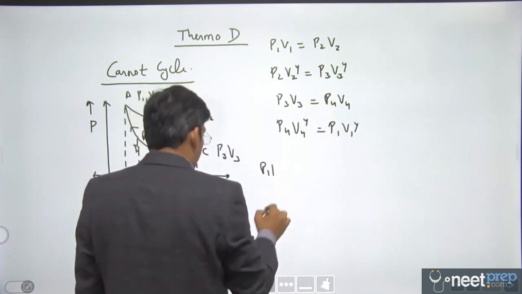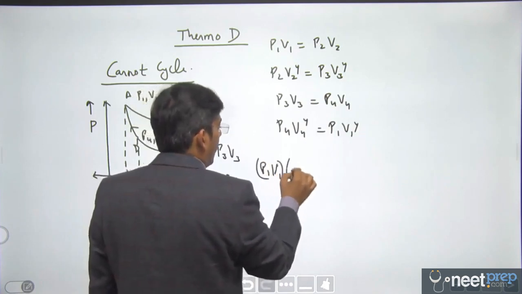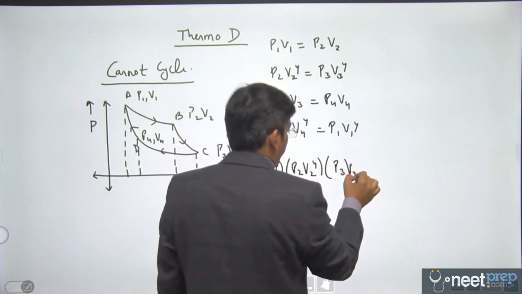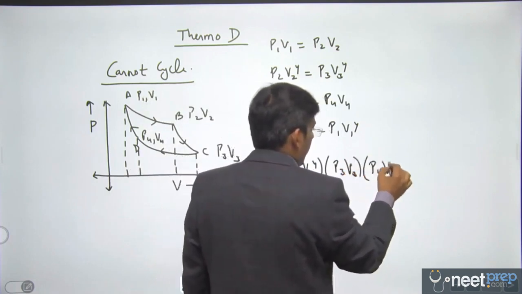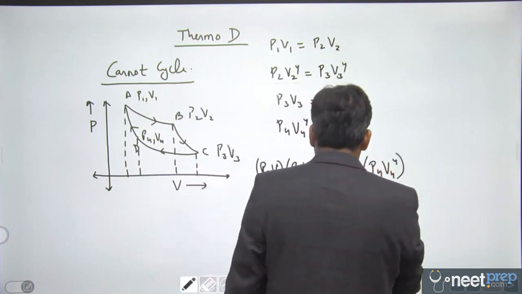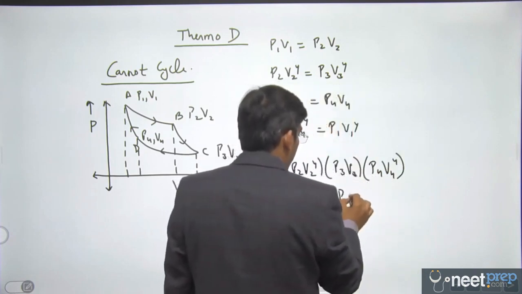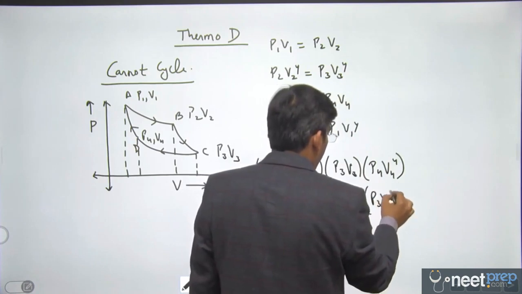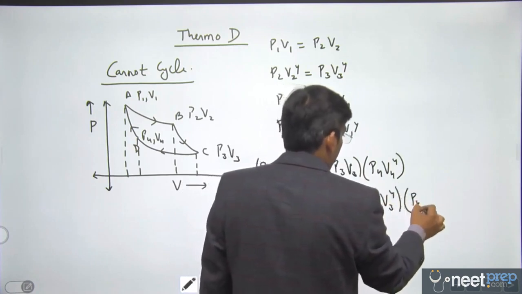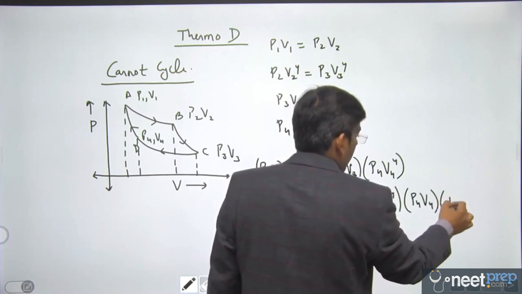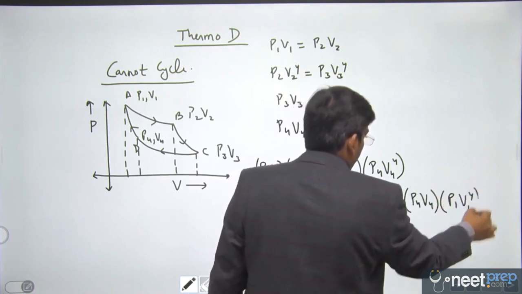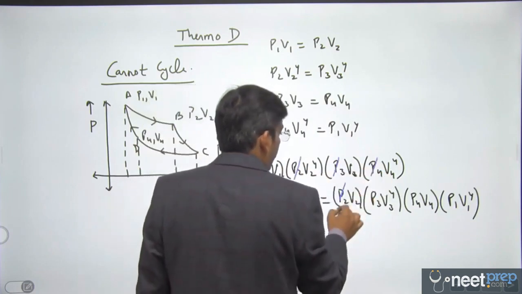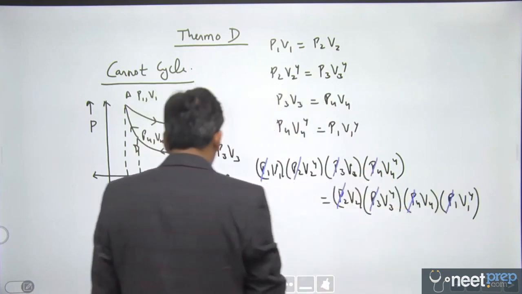So this becomes P1 V1 · P2 V2^gamma · P3 V3 · P4 V4^gamma equals P2 V2 · P3 V3^gamma · P4 V4 · P1 V1^gamma. Now P1 P2 P3 P4 cancel on both sides, right?